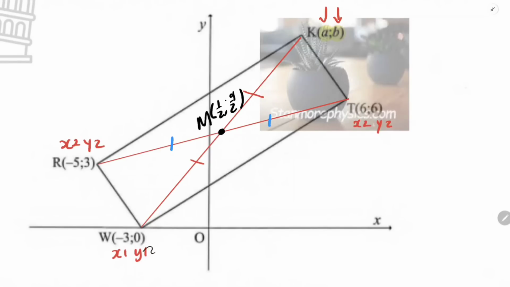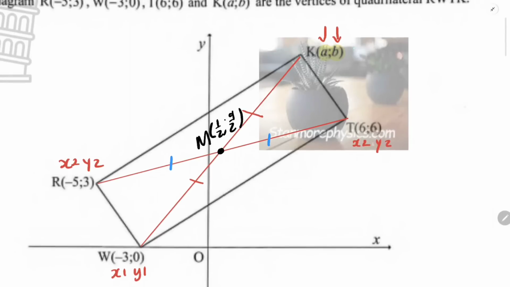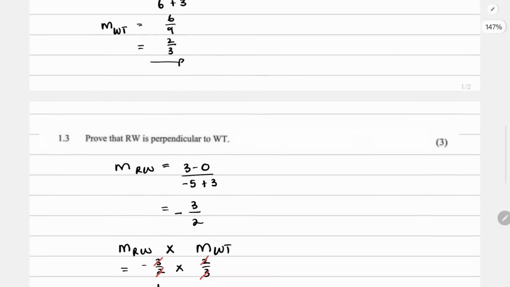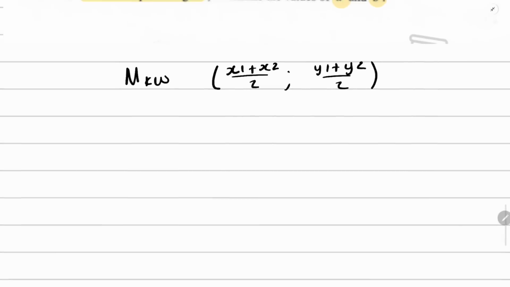So we can take that as x1 and y1 and take this as x2 and y2. But we are saying that we already have the midpoint, so we are going to use the midpoint formula. The midpoint of that line KW is found by x1 plus x2 over 2 and y1 plus y2 over 2, and then we're going to substitute.